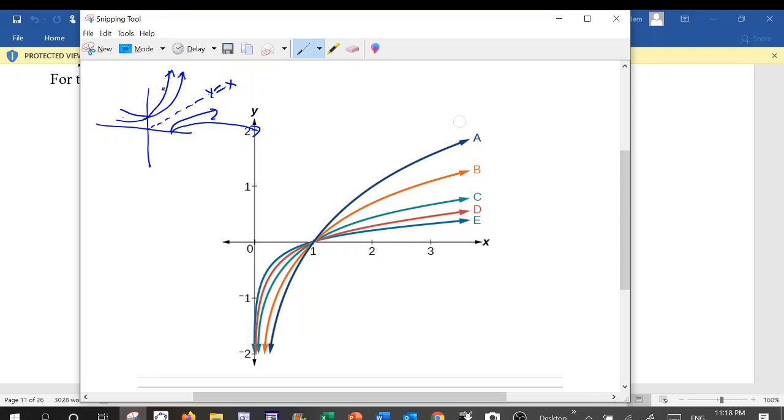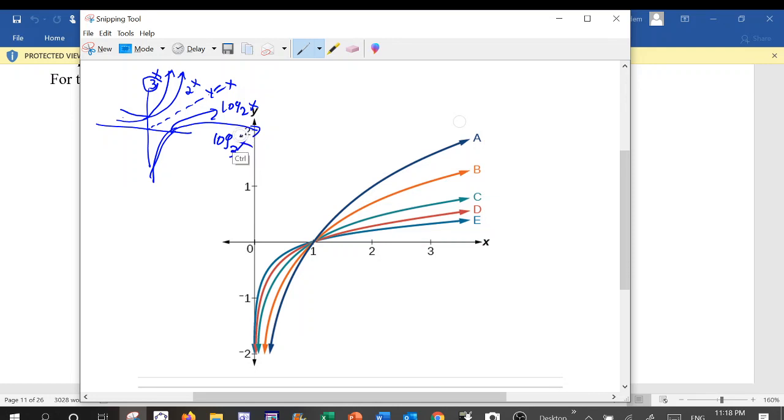So that means this is like a big number. Let's say this is 2 to x, and this one is 3 to x, right? So this one would be log base 3 of x, and the other one would be log base 2 of x, right? Of course, they go to the vertical asymptote, but notice that here, the bigger the base, the sharper the increase is.